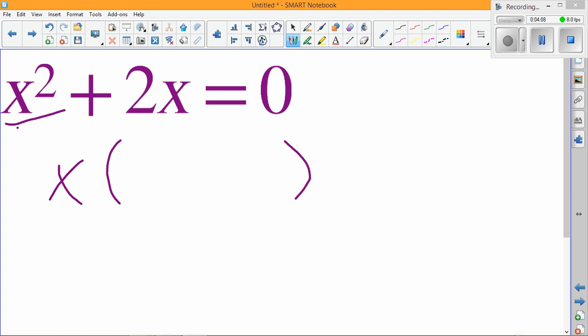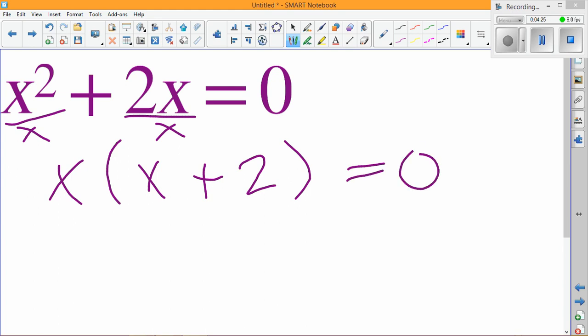If I take x squared and divide it by x, I will get x. And if I take 2x and divide it by x, I'm going to get 2. And that's a positive 2. I'm going to put a plus. Now I've got a number, x, and a number, x plus 2, multiplied together that give me 0.